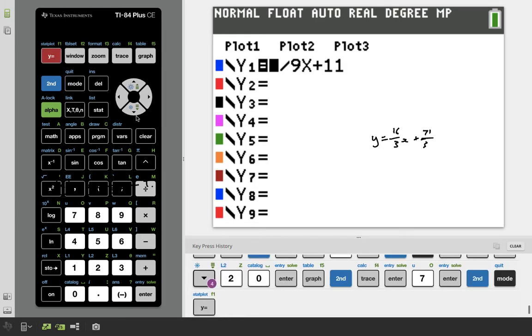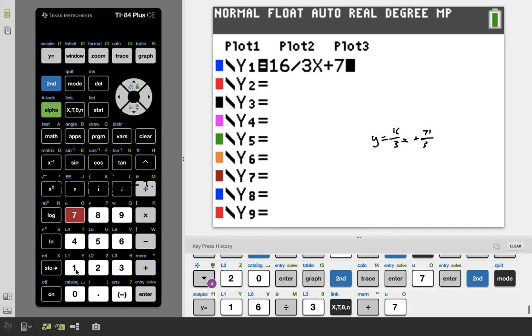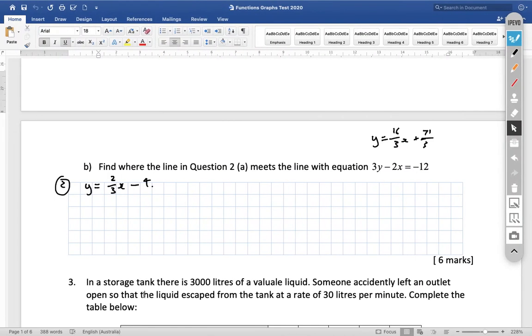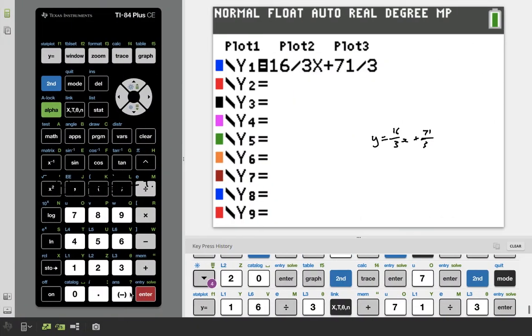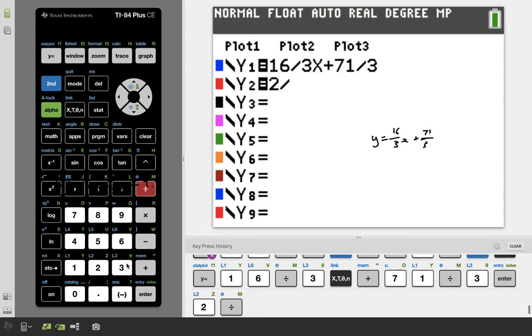So the first equation, I had a 16 on 3x plus 71 on 3. Right. Now the other equation, which I can't see at the moment, 2/3 x minus 4. Let's put that in. 2 on 3 x minus 4.